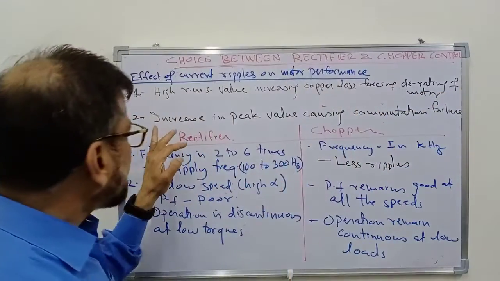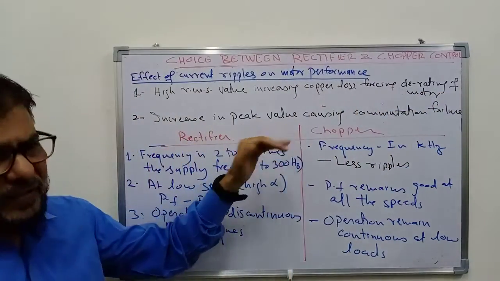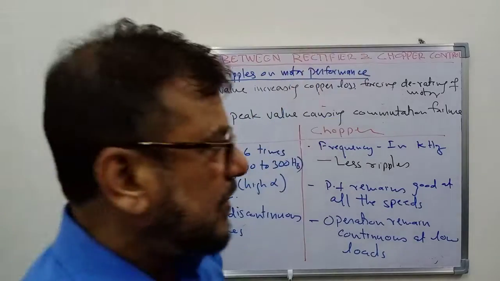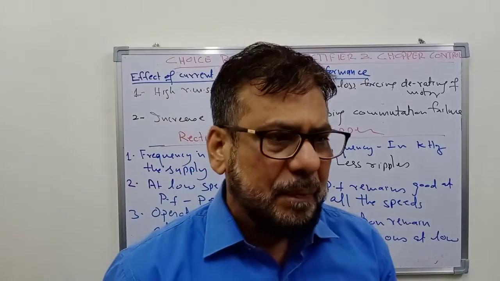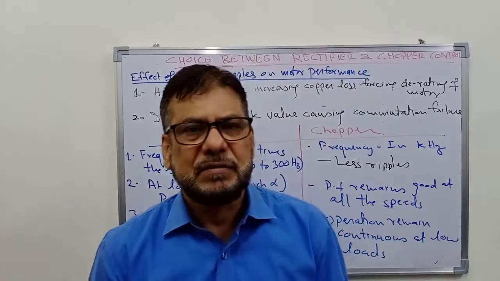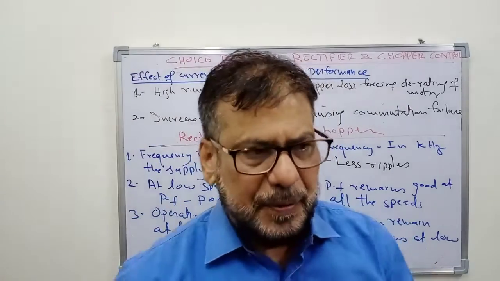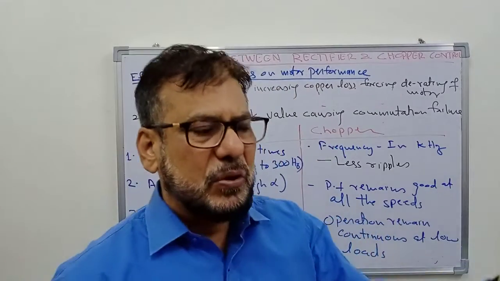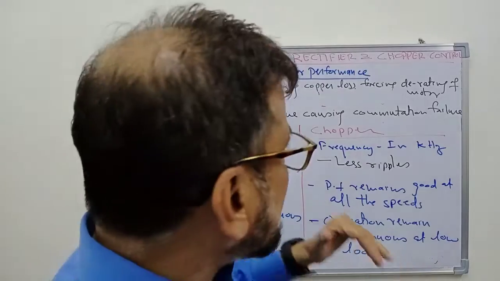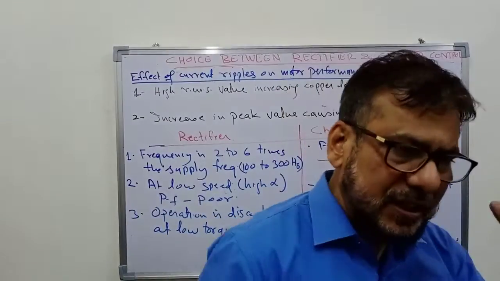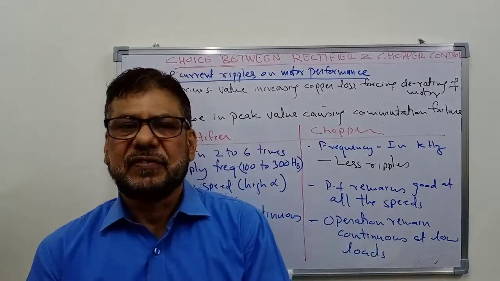Number 2, the peak value is more than the average value. When the current has ripples, the peak value of the current will be higher, and the commutation of the armature current depends on the peak value. The higher the peak value, the more difficult the commutation will be, and this may lead to commutation failure even though the current is within the safe limit.